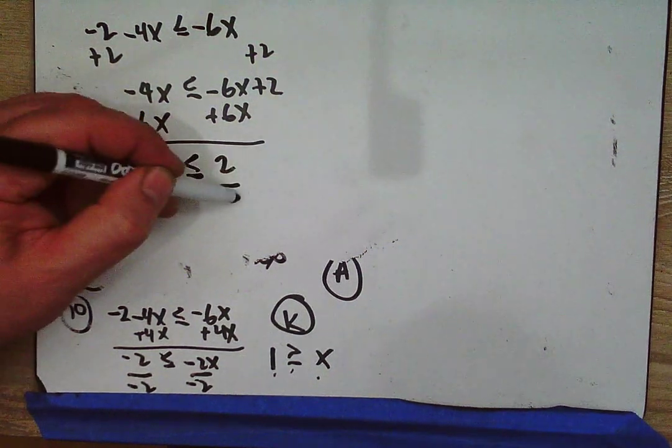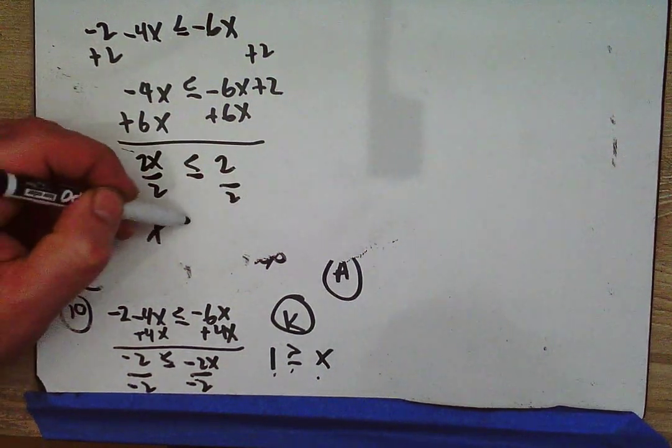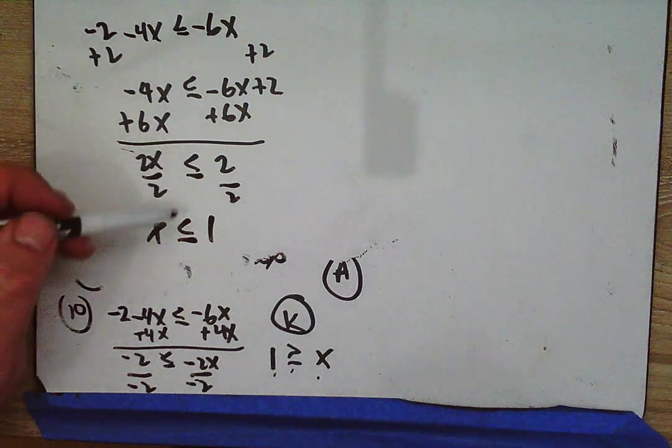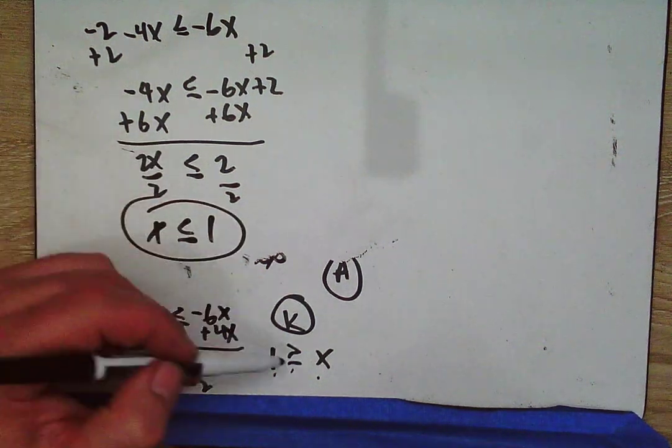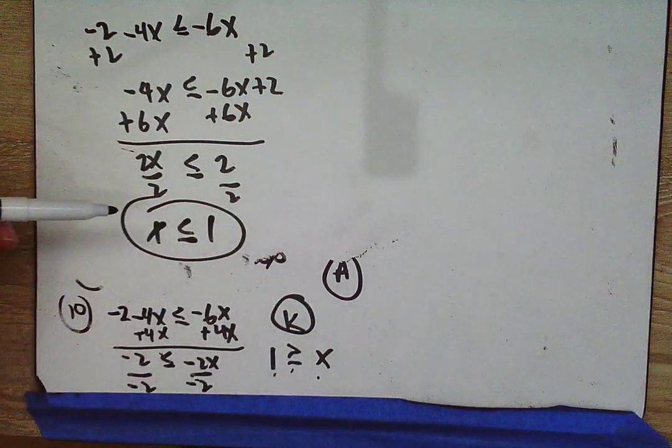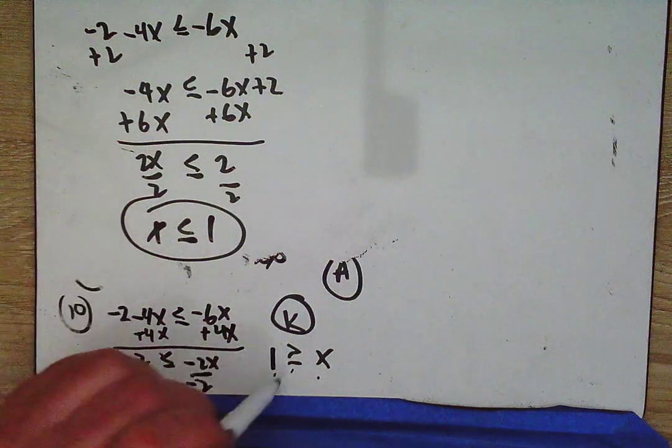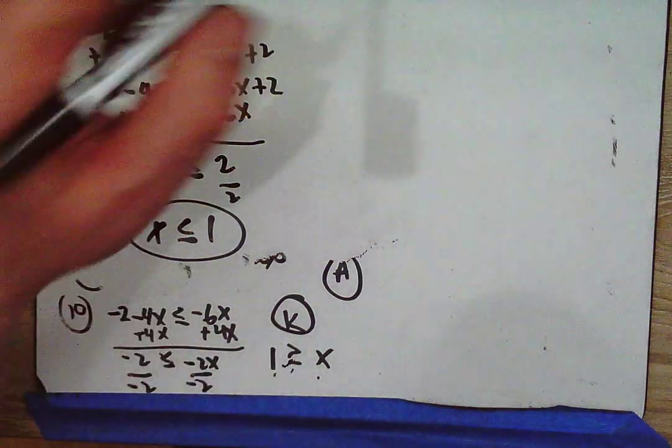And when we divided both sides by 2, we would see that x is less than or equal to 1. See, I have to change the direction of that inequality, or else this answer would have been wrong.